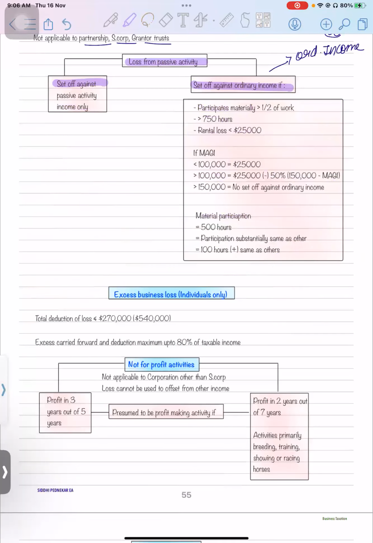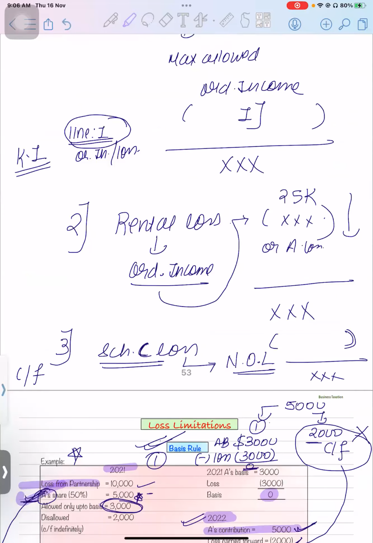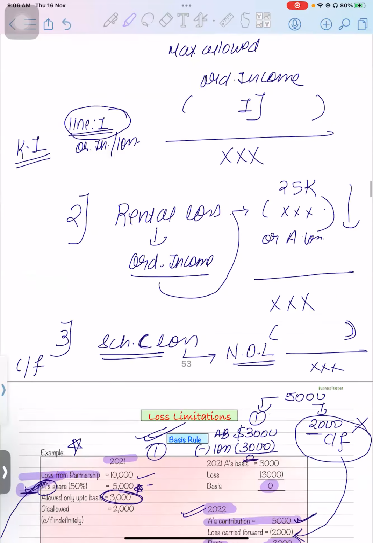You can just remember the active participation. Material participation is 500 and active participation is 750 hours. They'll have to fulfill any of these conditions, then they can easily take the passive loss against the ordinary income. Okay, over here the second step is clear, everyone.